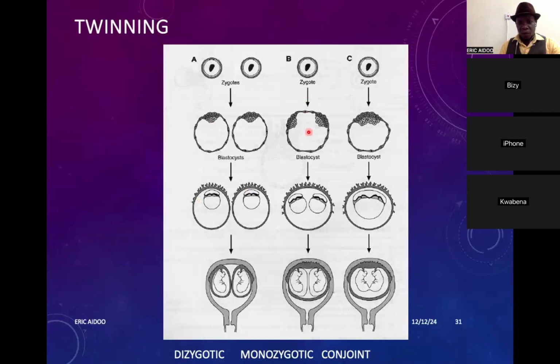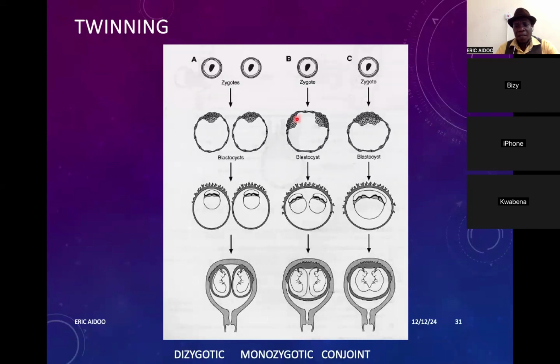Now, when you come to the monozygotic twins, it's a single egg fertilized by a single sperm. Then at the point where the blastomeres are being formed, they separate. Okay, some of the cells move to the right, some move to the left, and then there's a space. Now, I want you to bear in mind that all these things we are talking about in simple terms are governed by molecular signals.